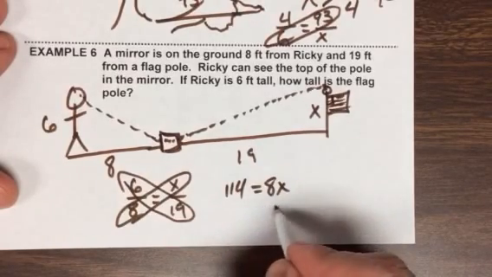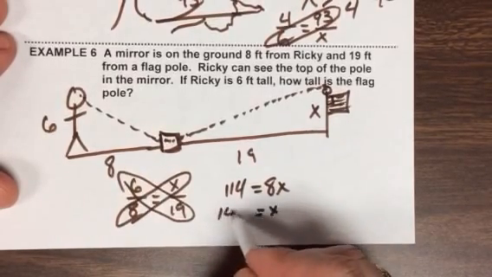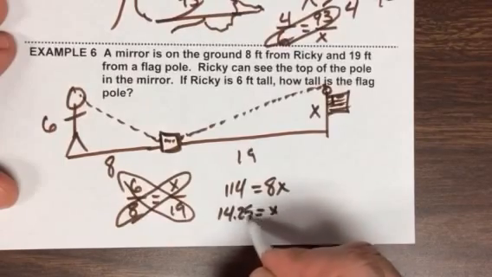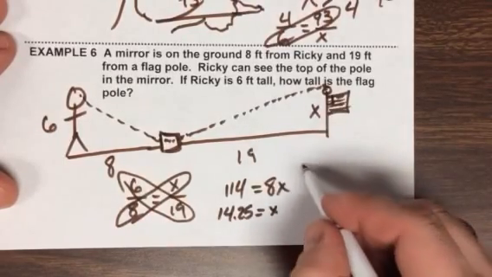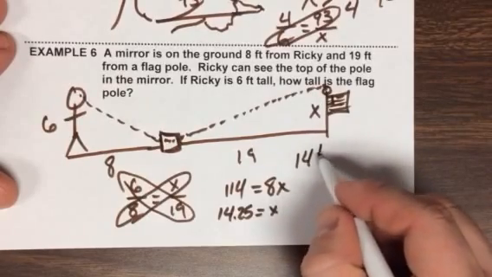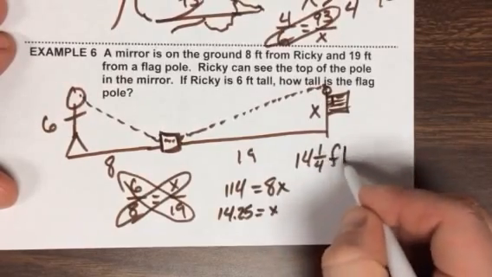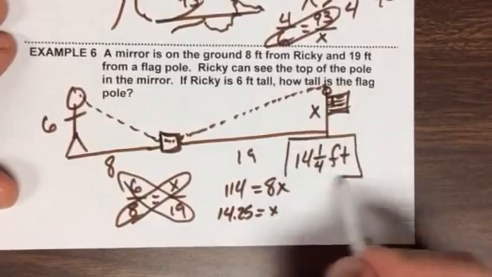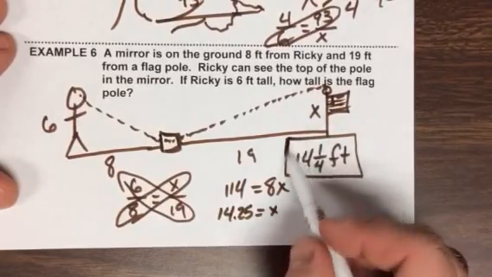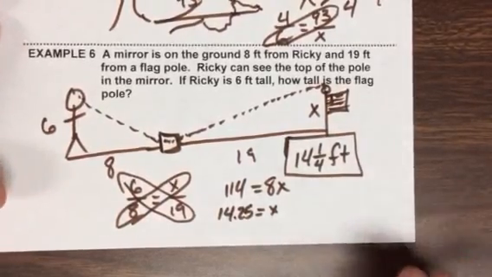We're going to say that x equals 14.25. So I can say here that the height of the flagpole is 14 1/4 foot high, or 14.25 feet high. Either way you want to say it is acceptable.